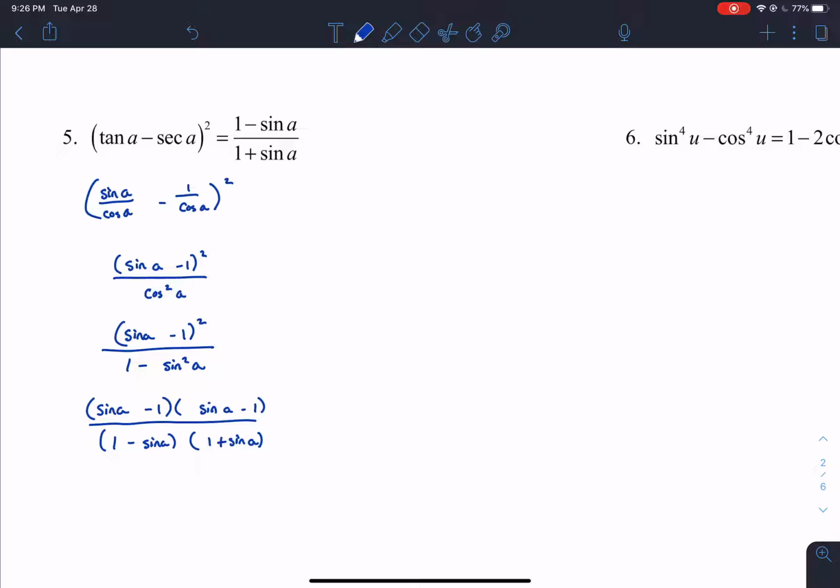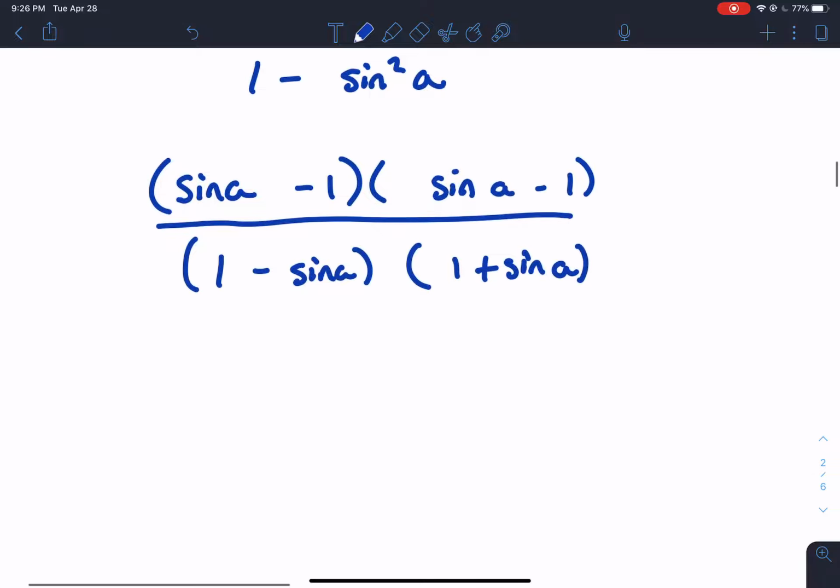You need the 1 plus sine of A in the denominator, and you only need 1 minus sine of A in the top. So you need to figure out how we could cancel this term.